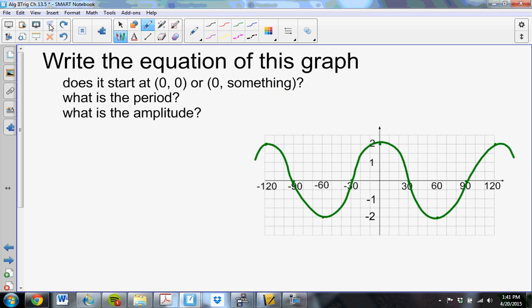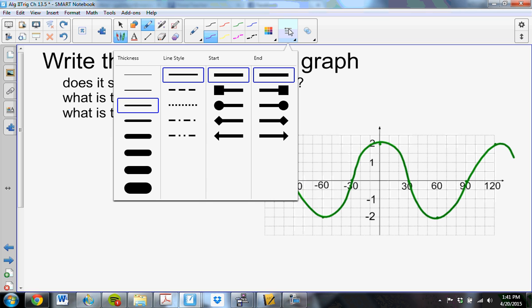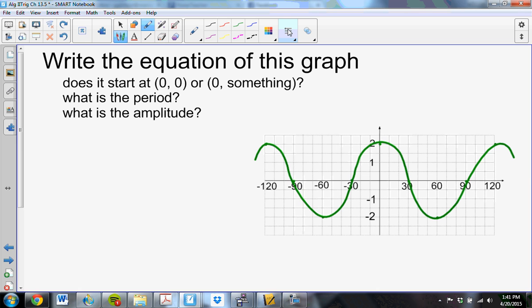Finally, here we have a graph, and I want to know what its equation is. This is the last thing we'll deal with in this video. The thing you want to check first is, are you starting at 0, 0 or at 0, something? If you're starting at 0, 0, you're doing a cosine graph. But if you're starting at 0, something, you're doing a sine graph. No, I'm sorry, I have that backwards.